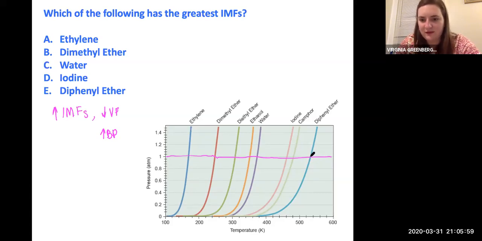So if I look at diphenyl ether, we'd have normal boiling occurring here, which corresponds to over 500 Kelvin. Whereas if we look at the normal boiling point for ethylene, we see that it's more like 150 Kelvin. Okay, so diphenyl ether has the lowest vapor pressure at any given temperature. It has the highest boiling point at any given pressure, making this the molecule that has the highest IMFs. And then we would say that ethylene has the lowest IMFs.